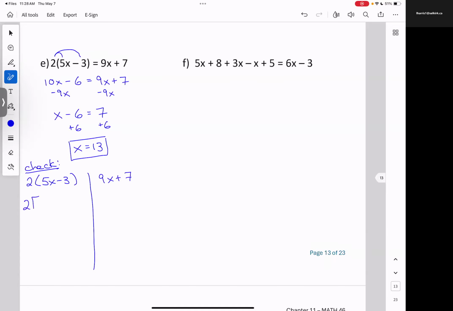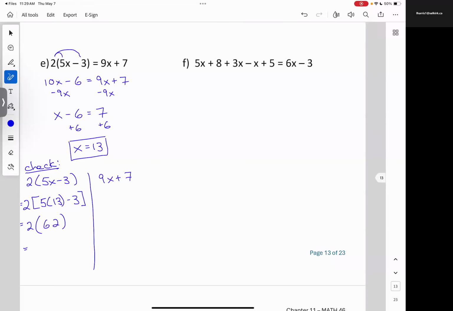So we've got 2 times 5 times 13 minus 3, which gives us 2 times 5 times 13 minus 3, which gives us 62.